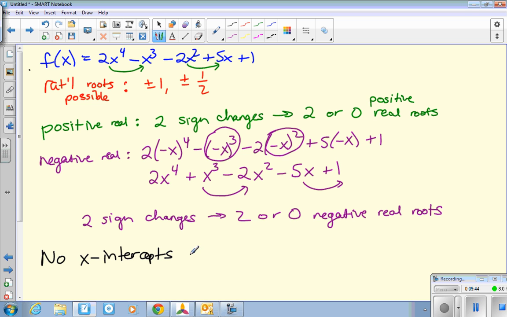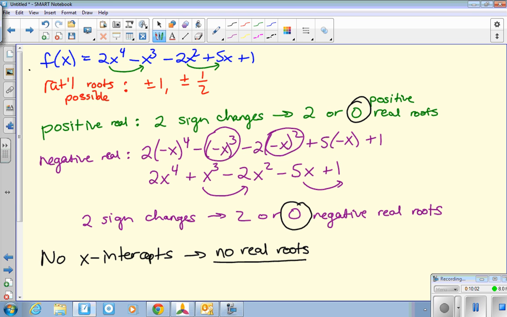Well, if there are no x-intercepts, you should know that that means there are no real roots. So in this case, it's actually 0 negative real roots and 0 positive real roots, because there are none whatsoever.